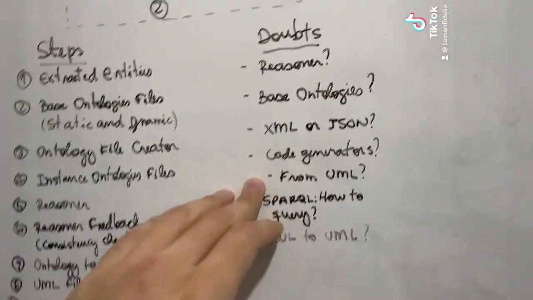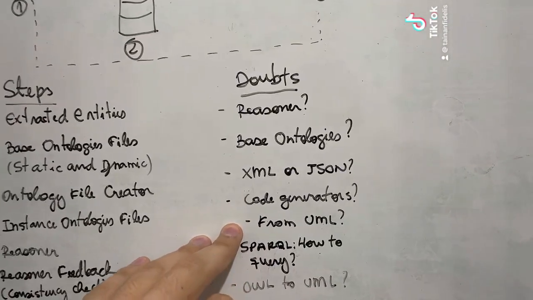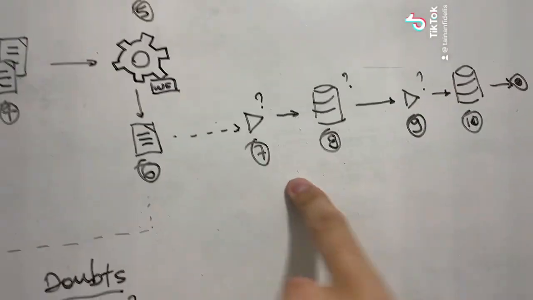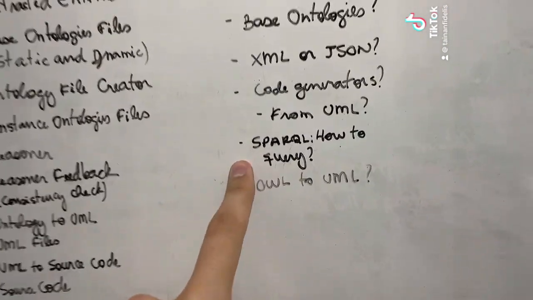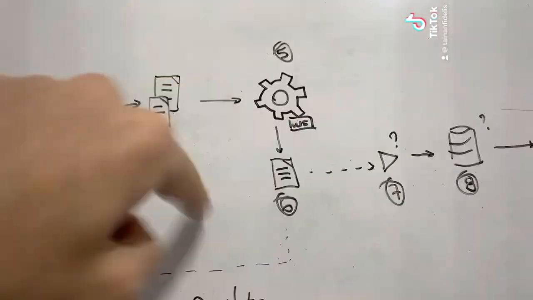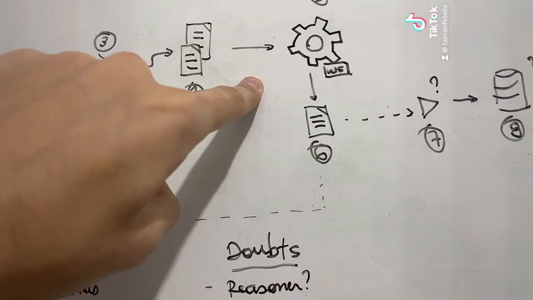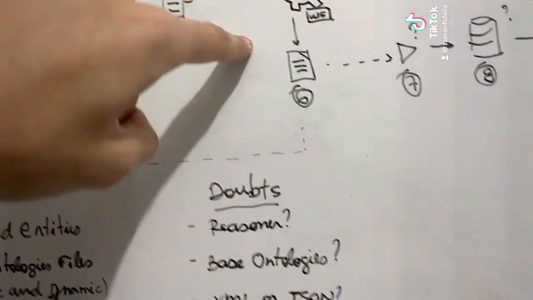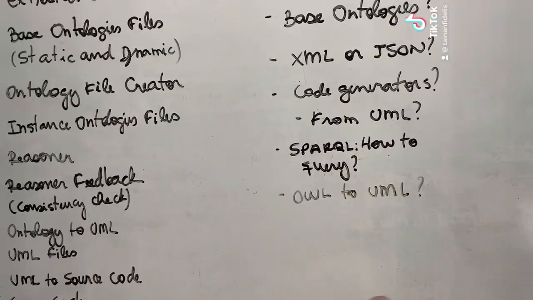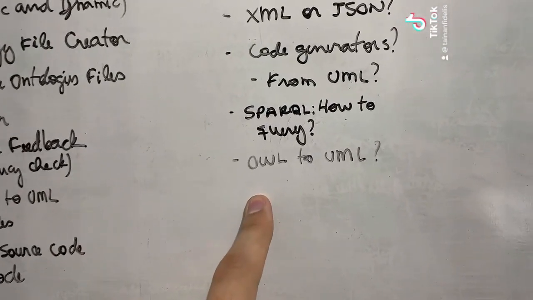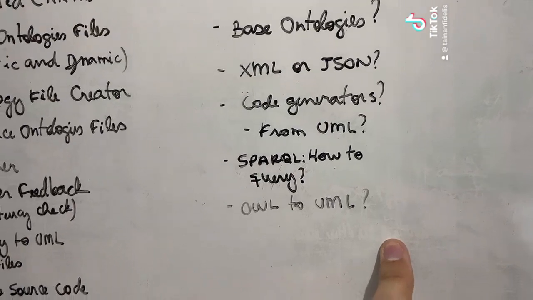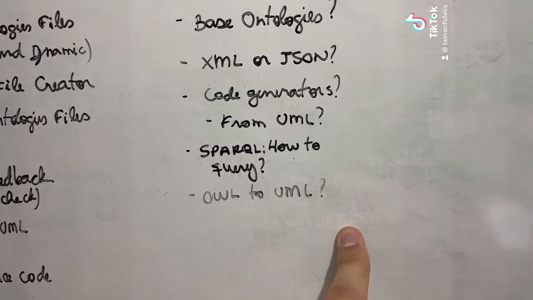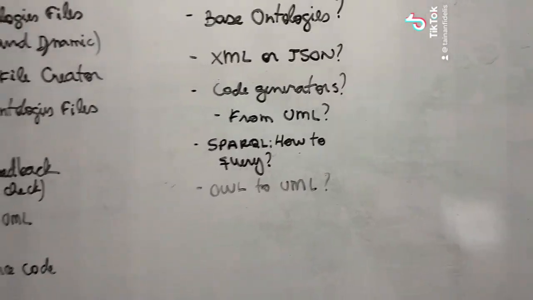Regarding code generators, my doubt is whether we have to go through UML, or whether we can go from ontologies to source code somehow. And SPARQL, how to query. Here we can query in our reasoner, in our ontology engine, and I have to go deeper on it. And O2ML, I don't know if we have some kind of tools for that. I have read about some of these tools, but I am not sure.